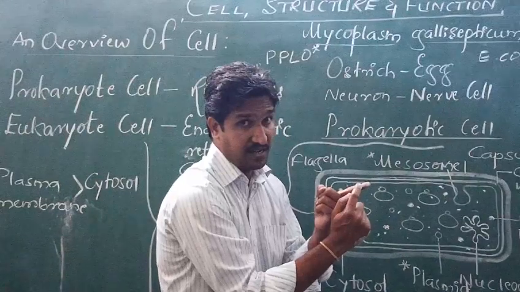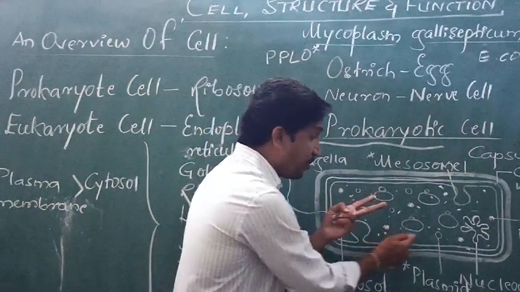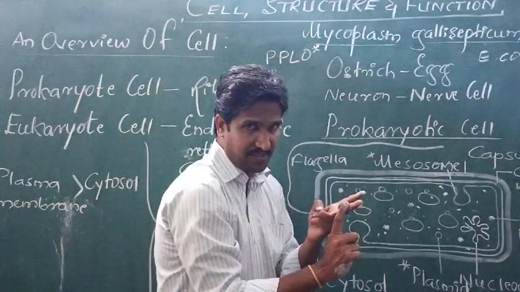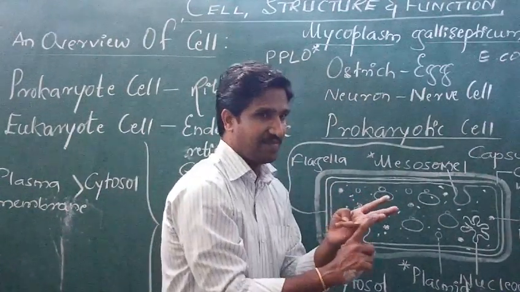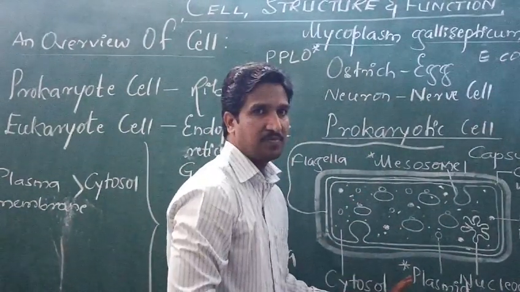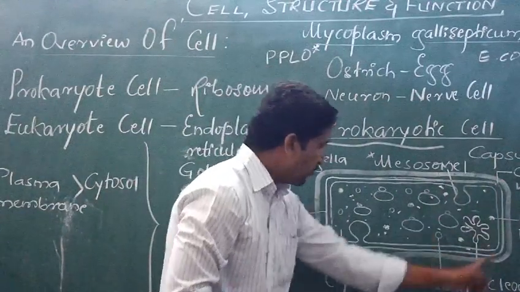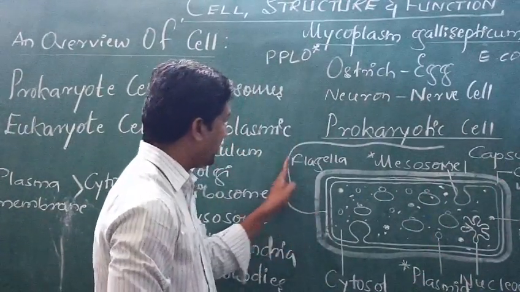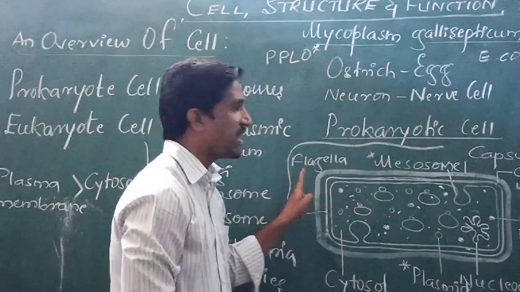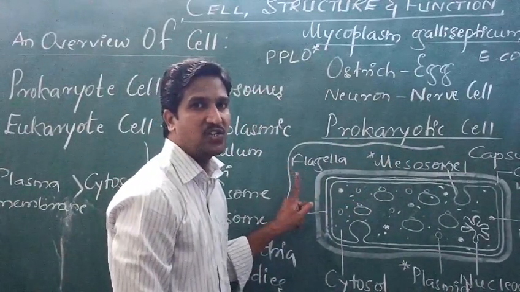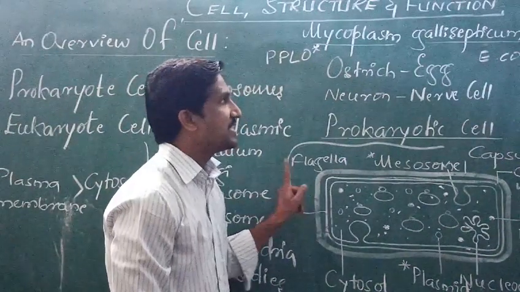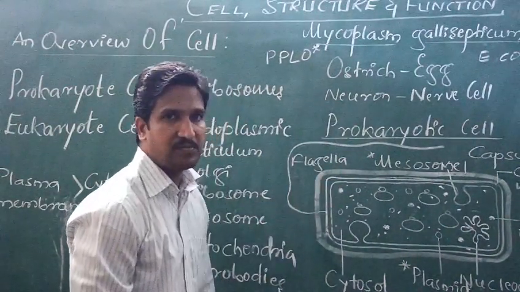Extracircular DNA present in the cytoplasm, self-replicating. That is called a plasmid. And along with that, there is a long hair-like structure called a flagella.